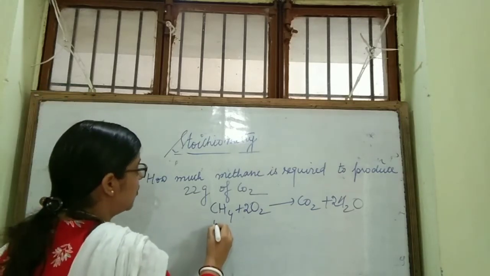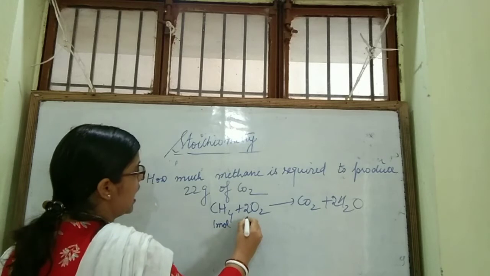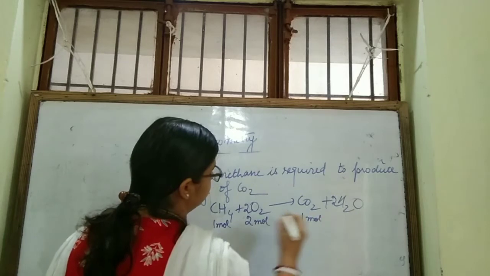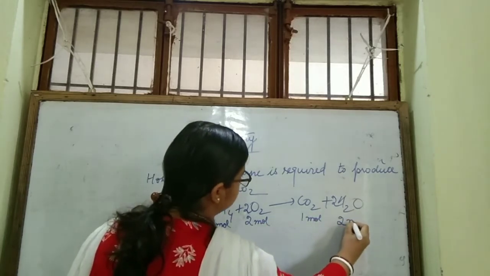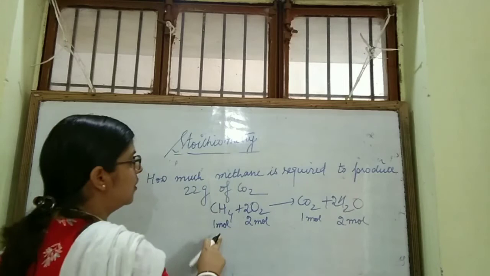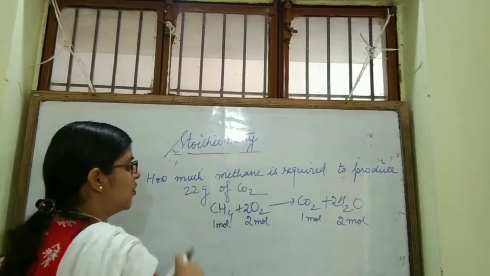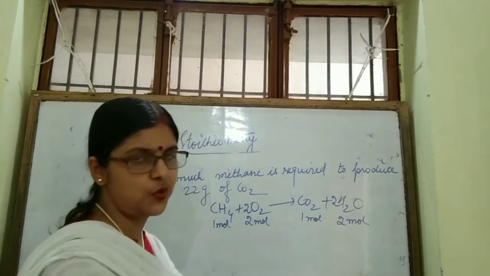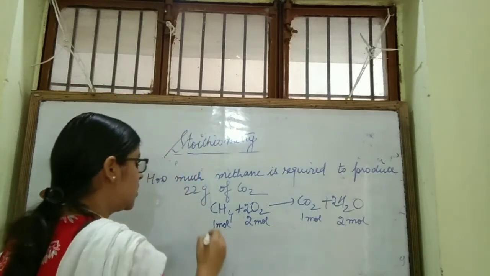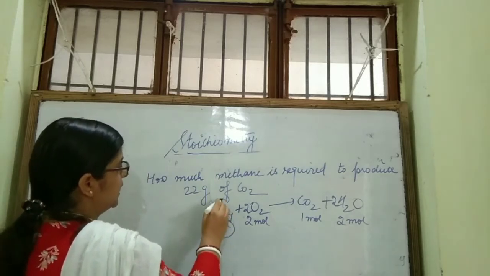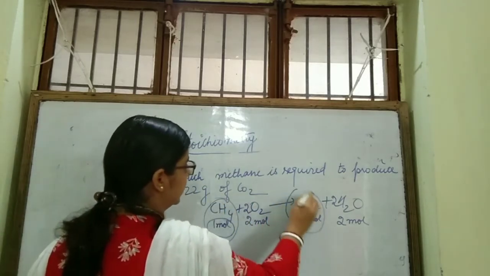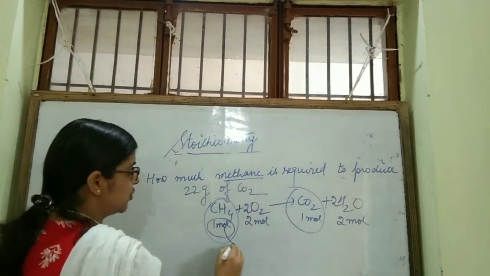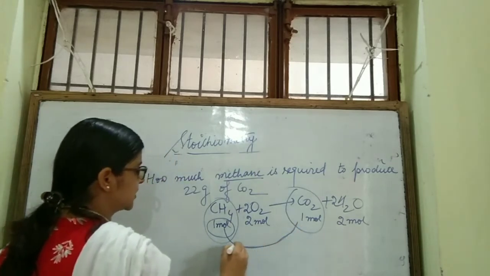Here, 1 mole methane reacts with 2 moles oxygen to produce 1 mole carbon dioxide and 2 moles water. So what is the stoichiometry between methane and carbon dioxide? Because the question is how much methane is required, we'll have to see the stoichiometry between these two.